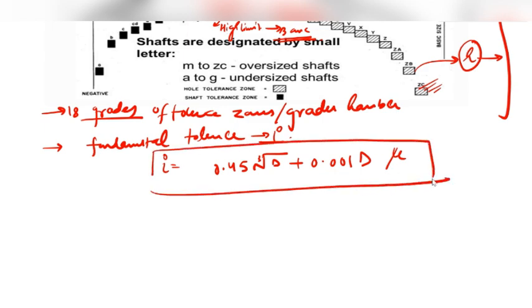So this I is the fundamental value of tolerance, and the other 18 tolerance grades are defined in terms of this I.